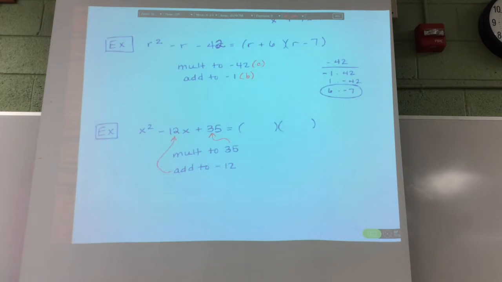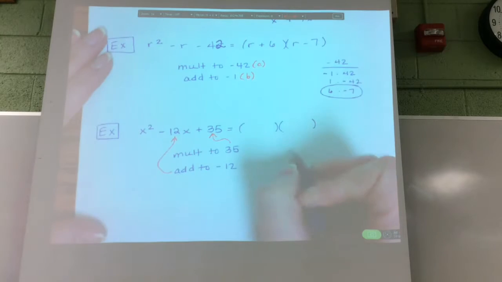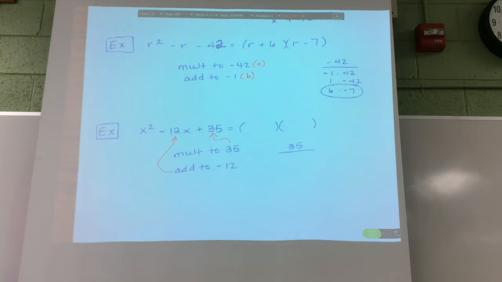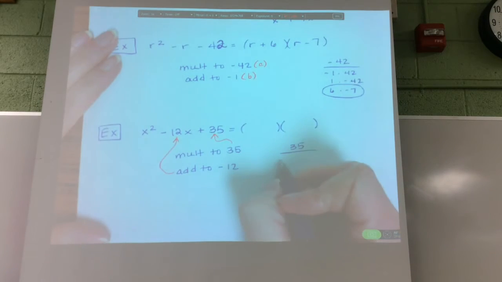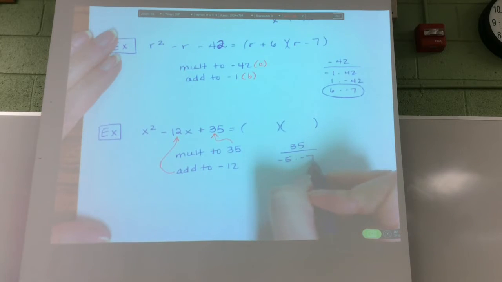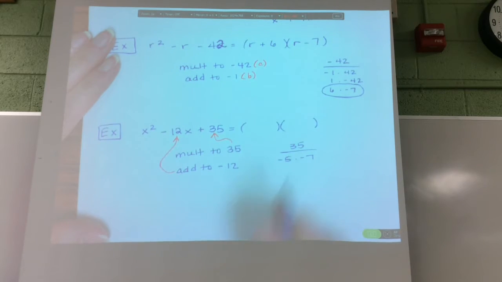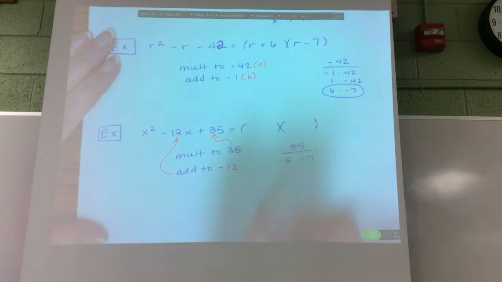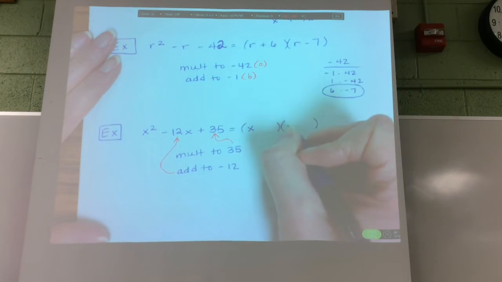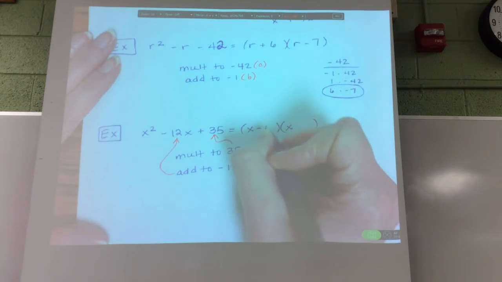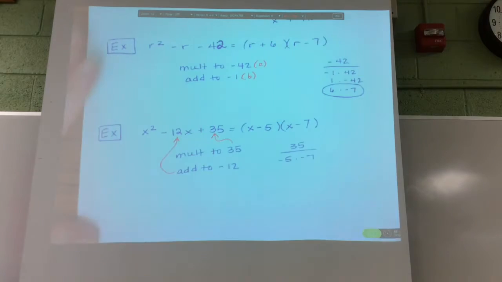So let's think about what multiplies to 35. 7 and 5 multiply to 35, but that adds to positive 12. So negative 5 and negative 7 multiply to positive 35 and add to negative 12. So x and x go here, minus 5, minus 7.